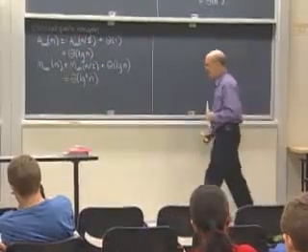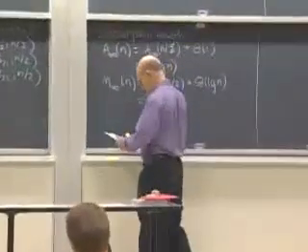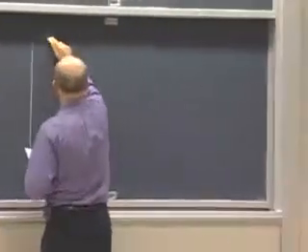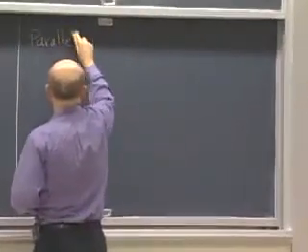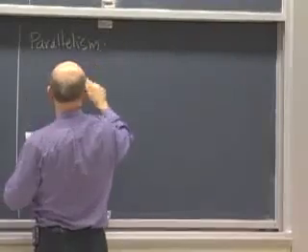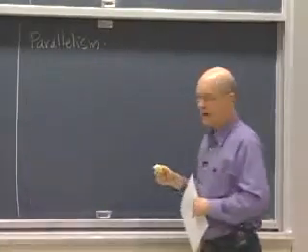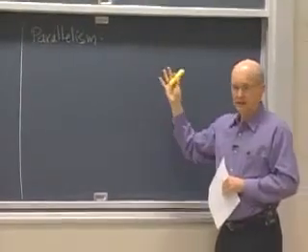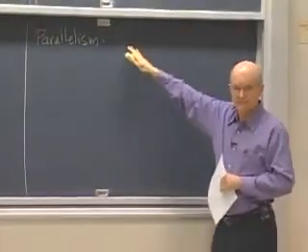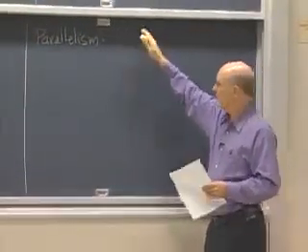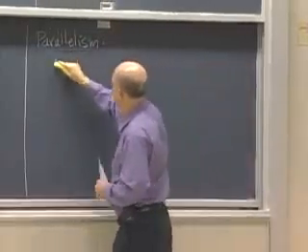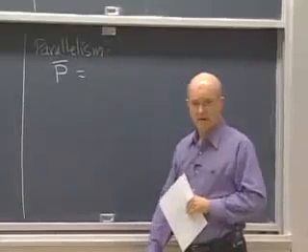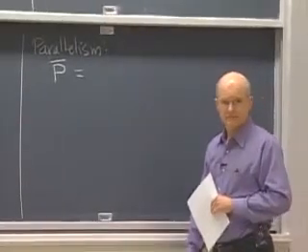Okay, that's great. So now let's take a look at the parallelism that we get for the multiplication. So parallelism is what? What's the formula for parallelism? We have P bar as the notation we use for this problem.